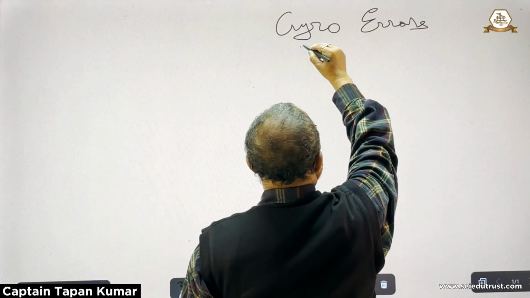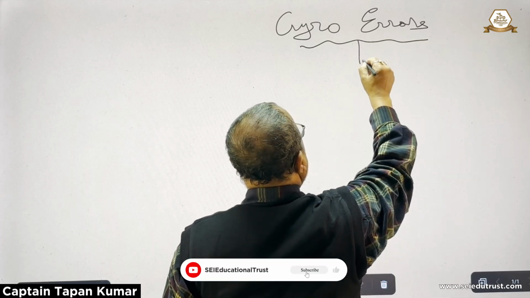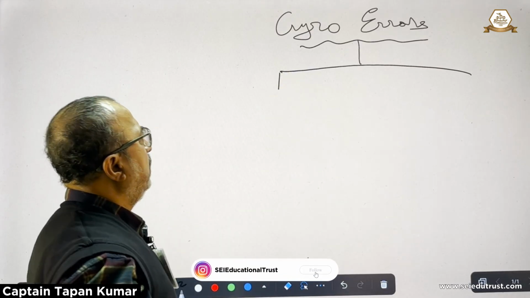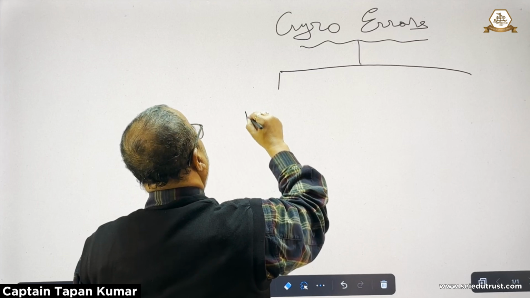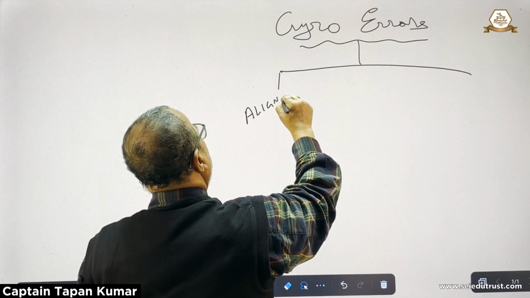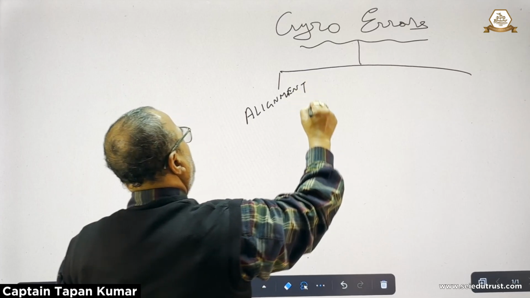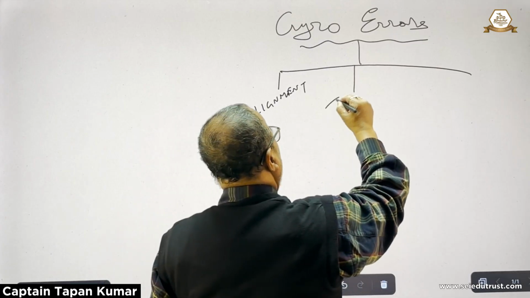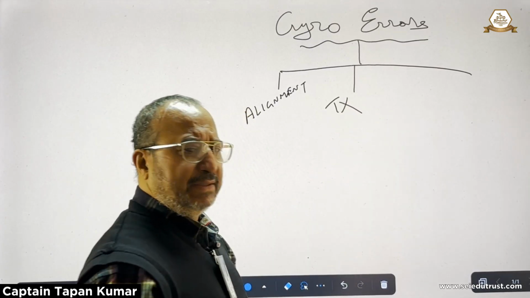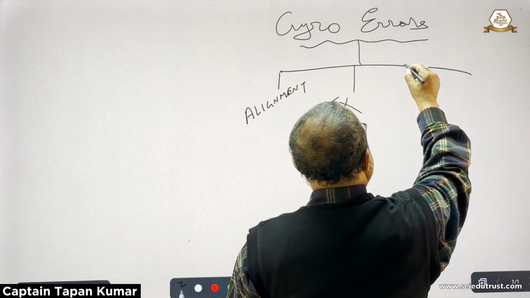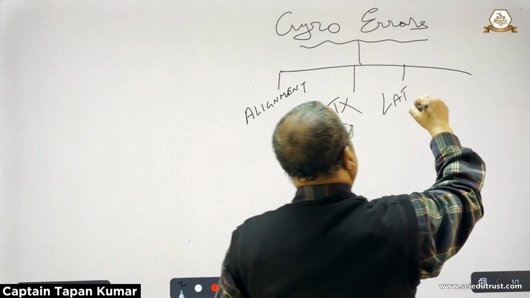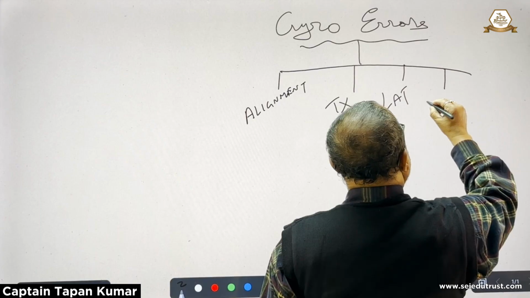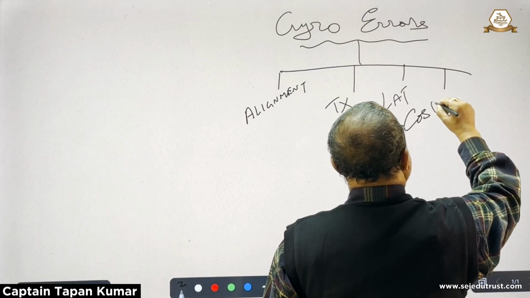Gyro errors, you see, there are your alignment error, then transmission error, TX, very short form I'm writing down, and then latitude error, LAT, and then course and speed.